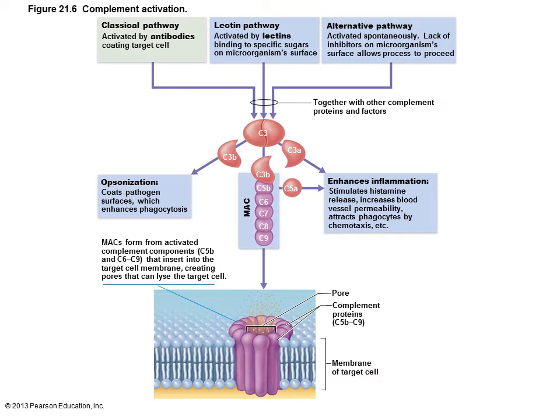That occurs by inserting the membrane attack complex, called MAC, into the membrane of the bacteria, so that there's a hole in the membrane, and an influx of water occurs, causing the cell to lyse. So this is basically how complement works.